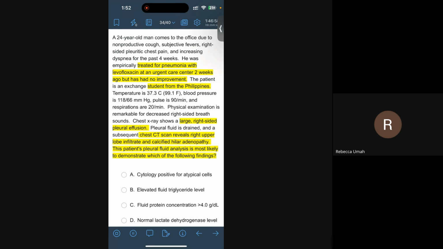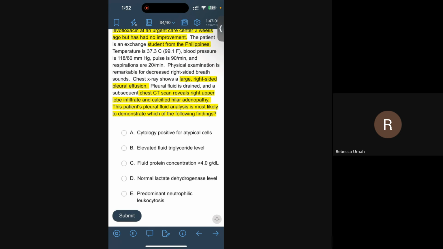And TB causes exudative or transudative? Exudative. Now you have to tell me which one is consistent with exudative pleural effusion. Remember Light's criteria? Protein concentration, LDH is going to be higher.